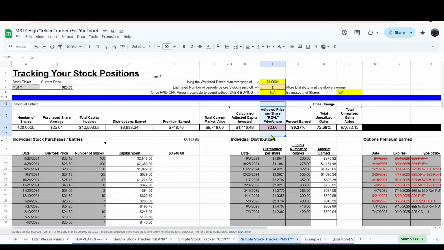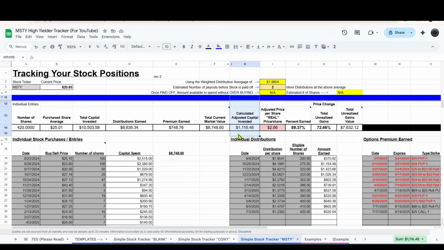It is $2.66 per share that I have at risk with MSTY currently. Now, this has nothing to do with the price of the stock, right? It has nothing to do with the price of the stock. This only takes into account the distributions and the premium I have earned, subtracted from the total capital I have invested to help calculate my adjusted capital invested, right?